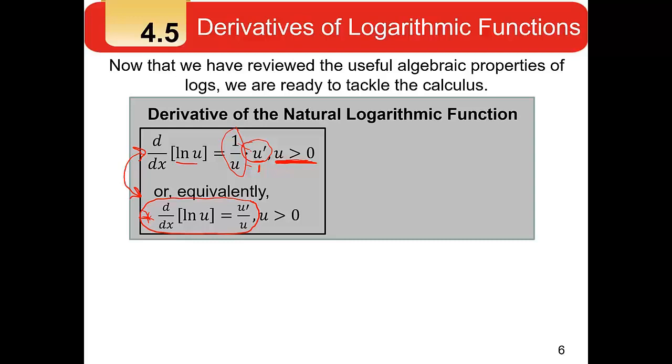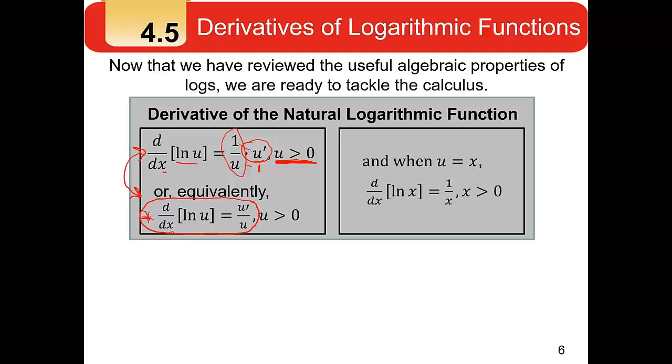As always, this u is thought of as being a function of x, or whatever the variable we're differentiating with respect to. In this case, we are differentiating with respect to x. U is thought of as a function of x, but if u is just x, you can write that formula without the chain rule kicking in. And if you really are taking the natural log of just x, the formula is even simpler.